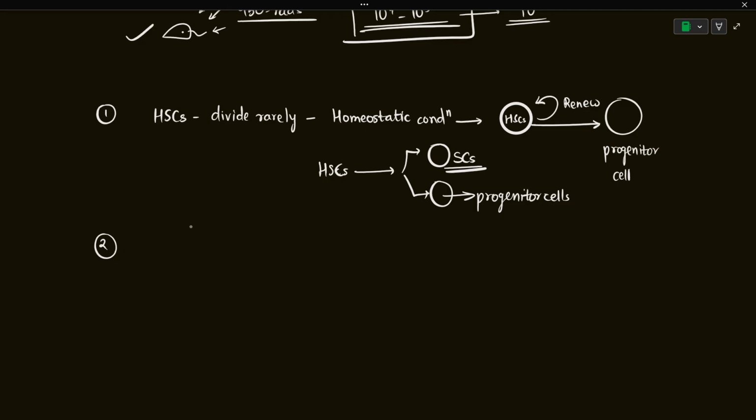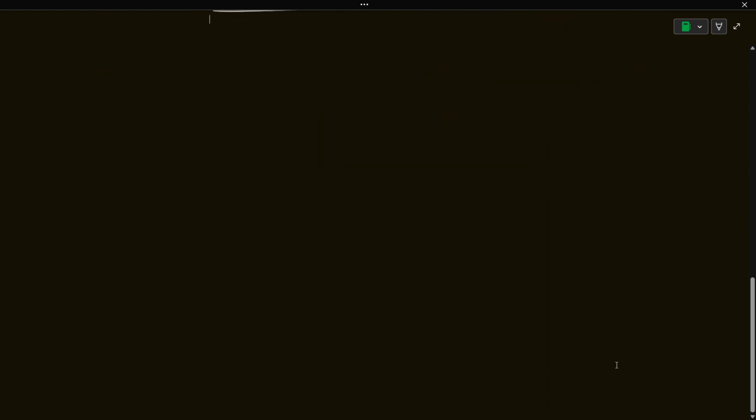So whenever there's a demand for hematopoiesis, hematopoietic stem cells are going to show enormous proliferation, as I already told you. And this enormous proliferation will give rise to the whole blood pool, all of the cells that are present in the blood. So let's now learn about the different cell lineages that can be formed by the hematopoietic stem cells.